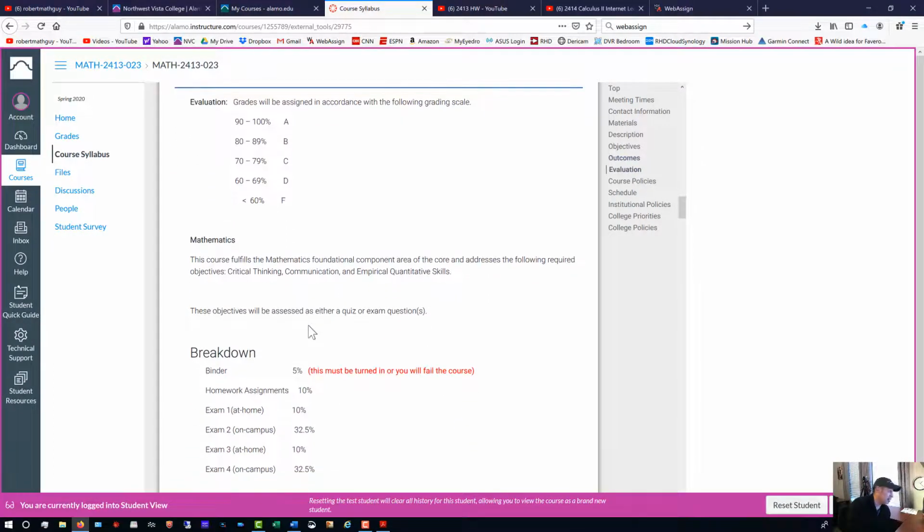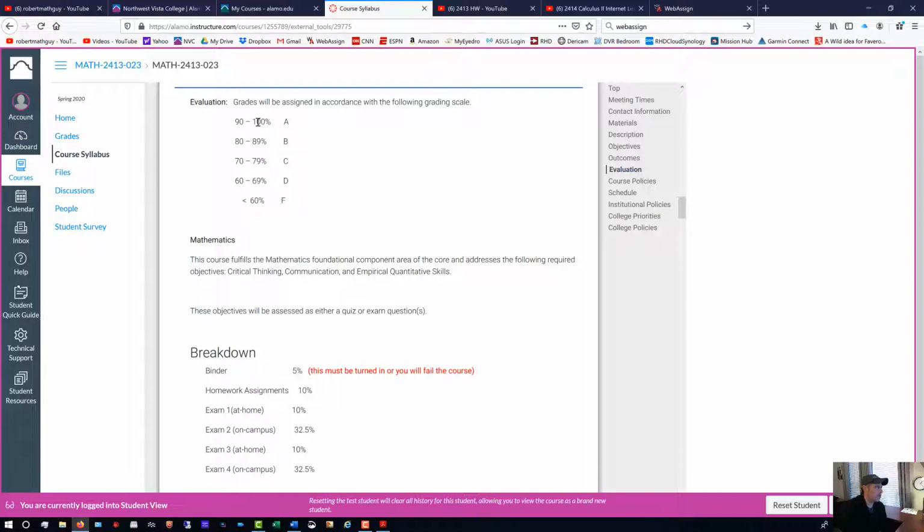So the way I'm going to break down the grade, of course, it's a standard grading scale here. Now there's some gray area there. Like, what's an 89.4? Well, this is anything between 80 and 89, so 89.4 is not there. And this is between 90 and 100, and 89.4 is not there either.